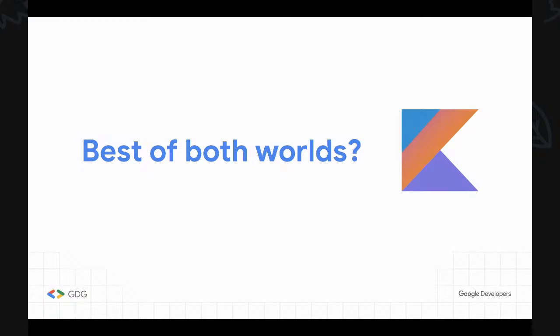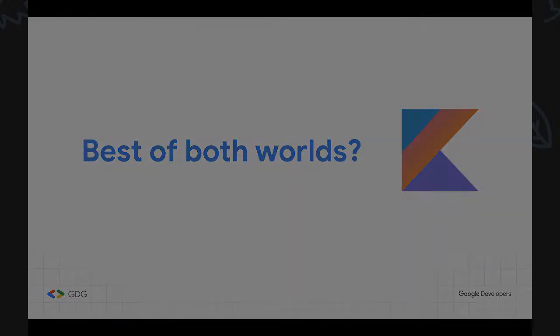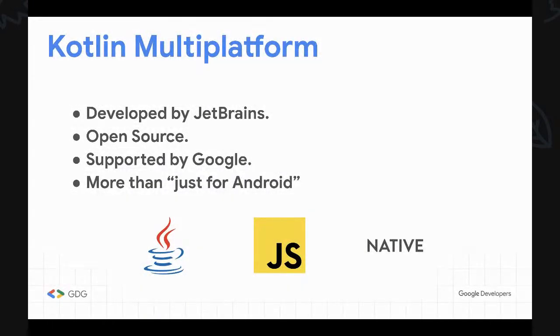So let's take a deep look at KMP, which is Kotlin Multiplatform. Kotlin Multiplatform is developed by JetBrains, and now it's supported officially by Google. Since Google supports Kotlin Multiplatform, this language has not stopped growing.